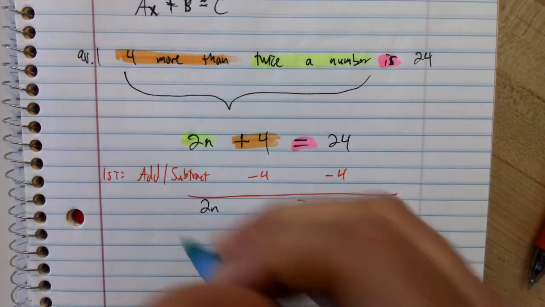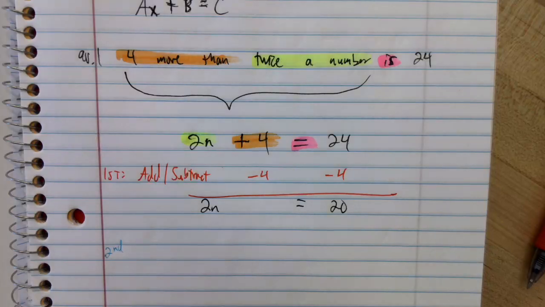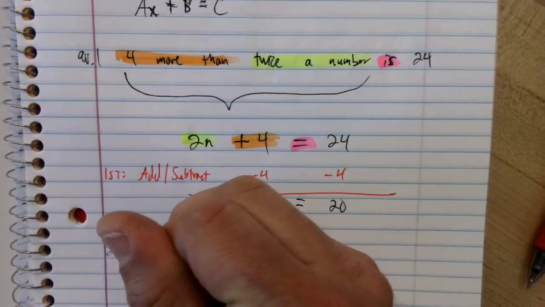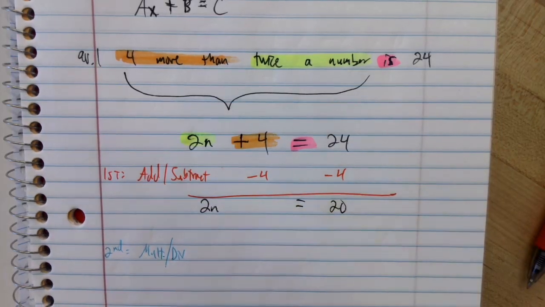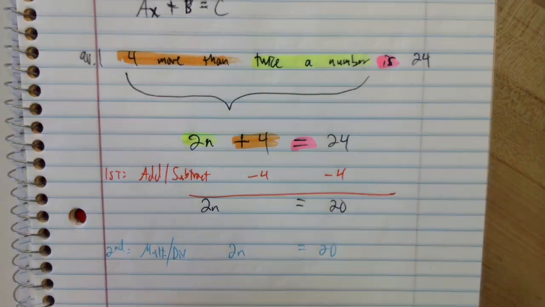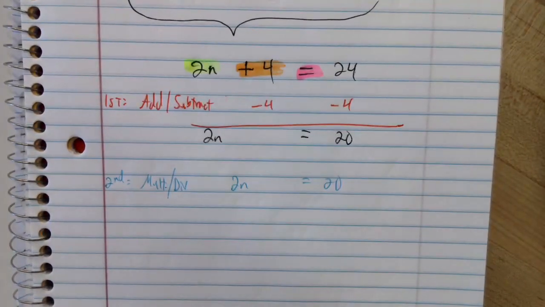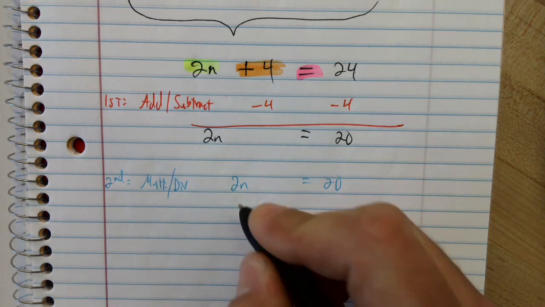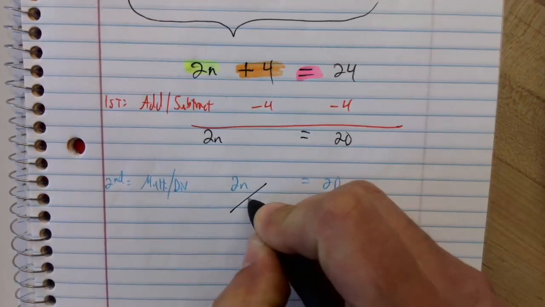And then the second step is usually, this is not always true, usually it's going to be multiply or divide to isolate the variable. So if I have 2n equals 20, currently the problem has multiplication. The relationship of multiplication and division is that they are opposites and will cancel each other out. So I want to get rid of multiplication, therefore I will divide.